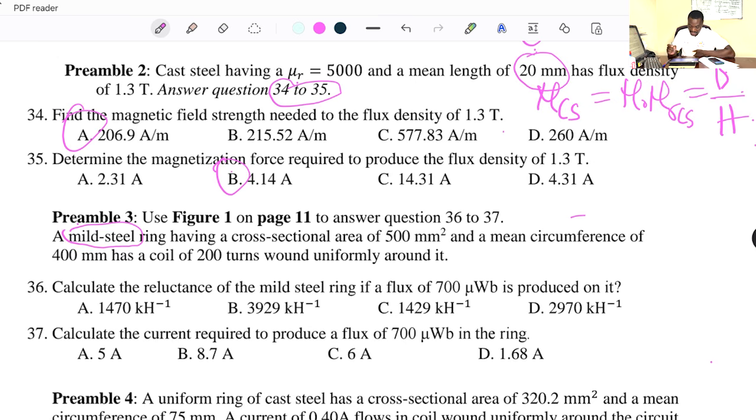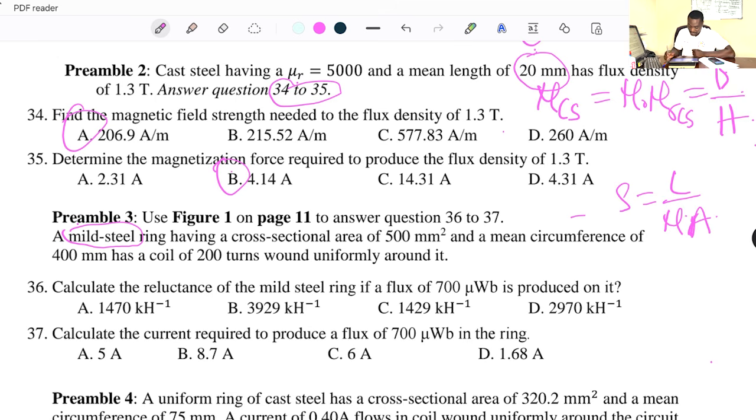So if we are to find the reluctance, the formula for reluctance is equal to what? The length of the magnetic flux path over the absolute permeability of the material times the cross-sectional area.